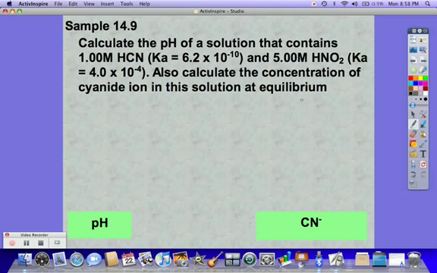I will need my hydrogen ion concentration though, because it's still in the beaker, although it didn't come from HCN. So all three substances are in the beaker: HCN, HNO2, and water. So I need to write my dissociation equation for HCN because, again, that's the only thing contributing to my cyanide. The difference, though, is I'm only going to write my Ka.